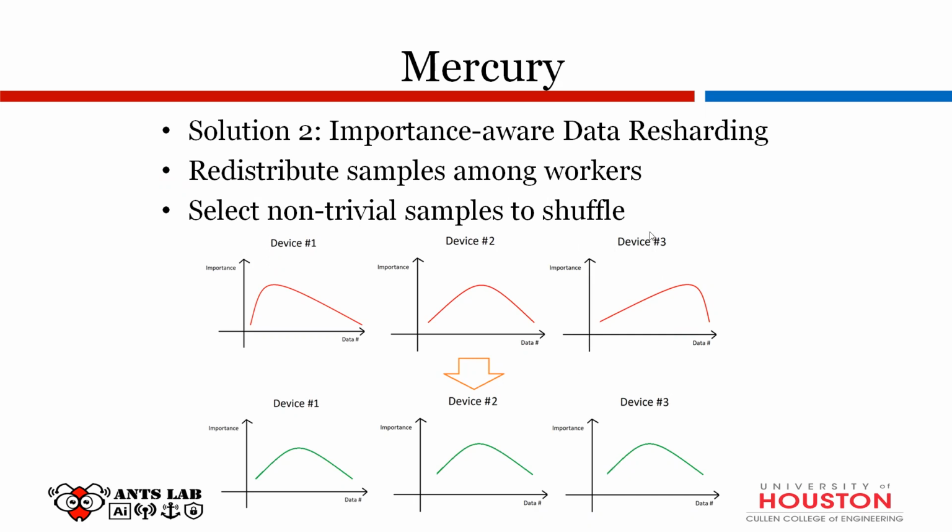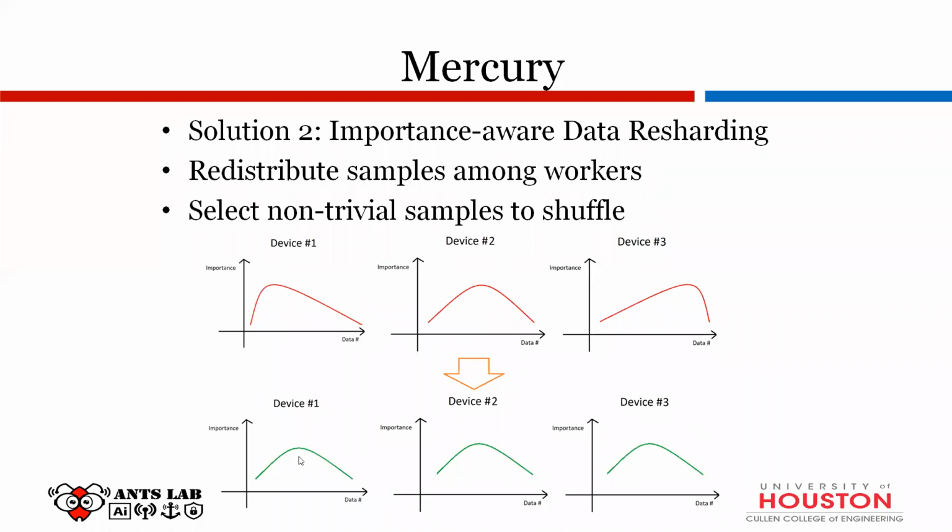I'm sorry, I'm confused. What do you mean by redistributed samples among workers? So there is a central server that collects the samples and redistributes them on the different devices in a collaborative way? Yes, they will all be aggregated and then redistributed.